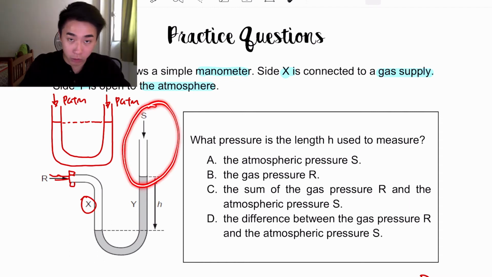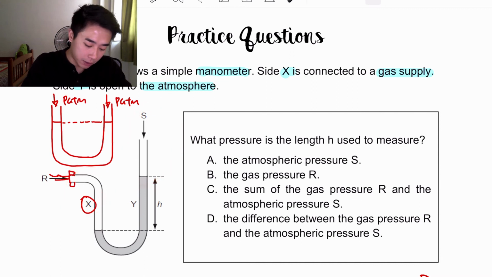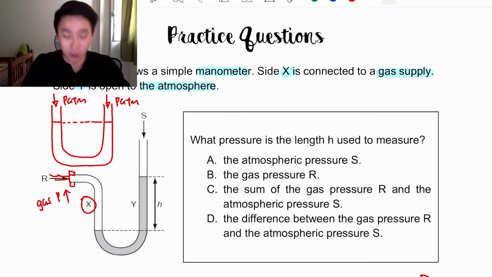So is atmospheric pressure greater or is the gas pressure greater? Well, what happens if you increase the pressure here? Well, if this guy exerts a greater force over here, of course this guy over here will move down and this one will move up, right? So same thing, if this has already gone down and this has already gone up, then of course our gas pressure is greater, right? And our atmospheric pressure is lower.